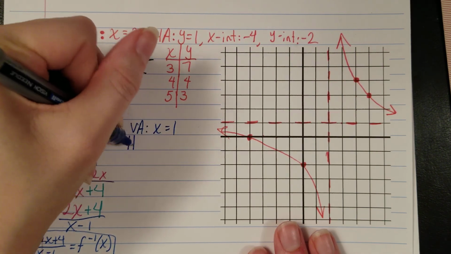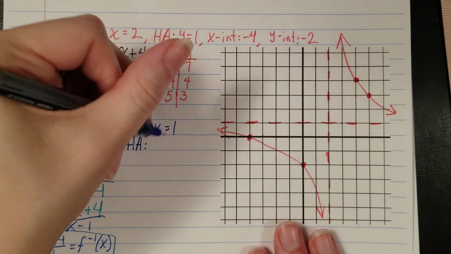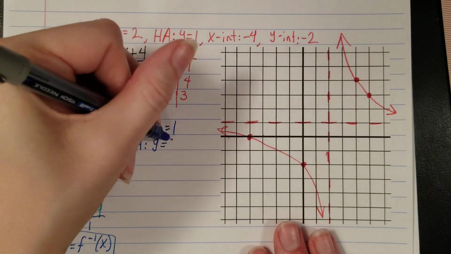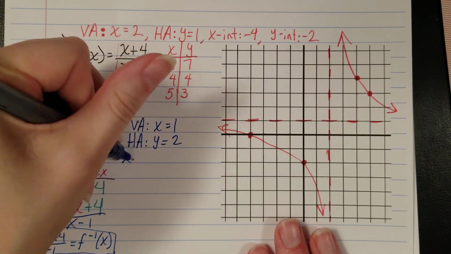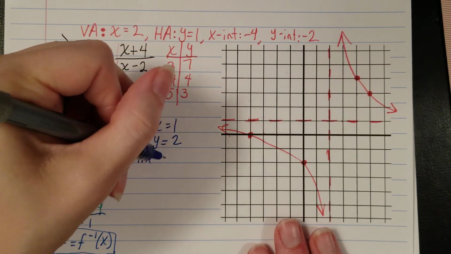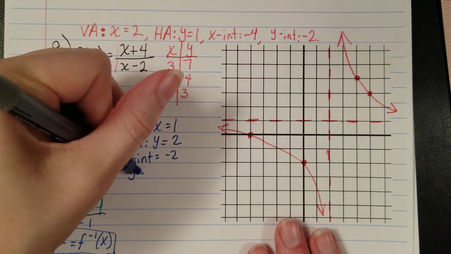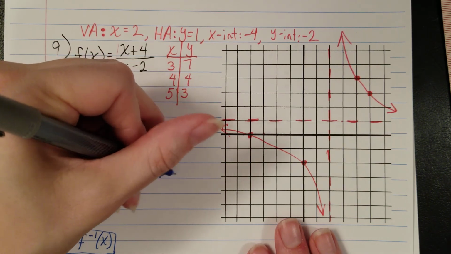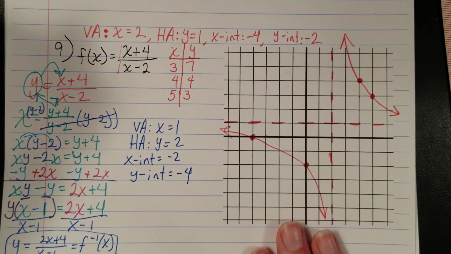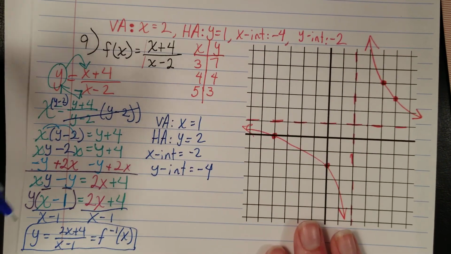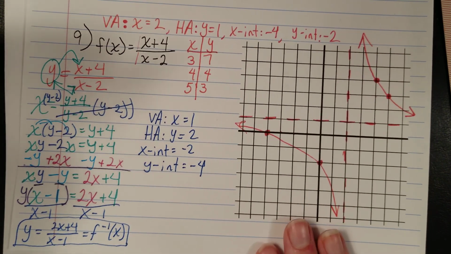You're going to have a horizontal asymptote at y equals 2. You're going to have x-intercept -2, y-intercept -4. And if you check, you'll see that that does make sense.